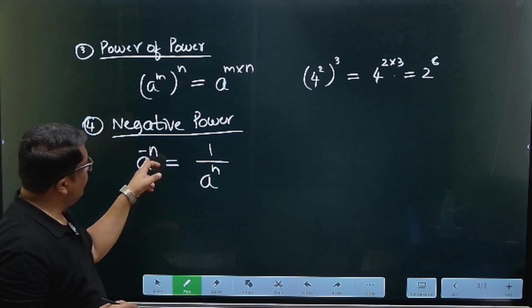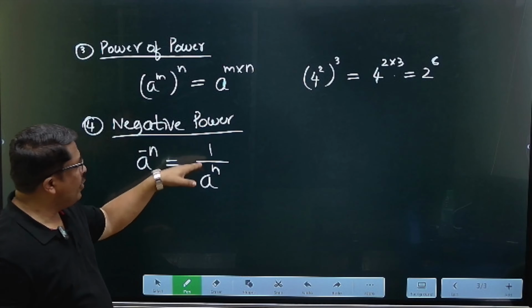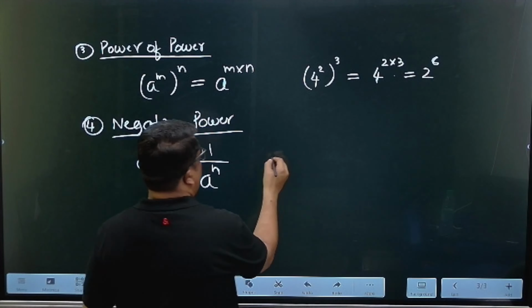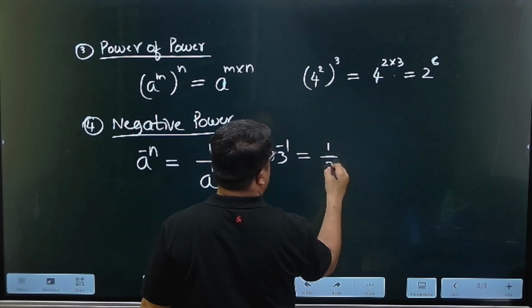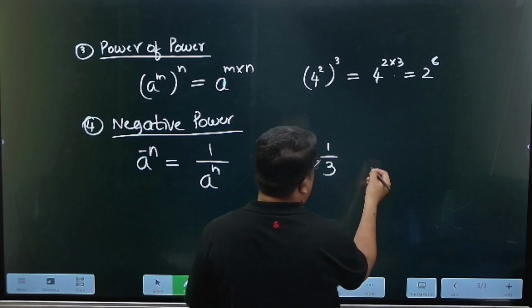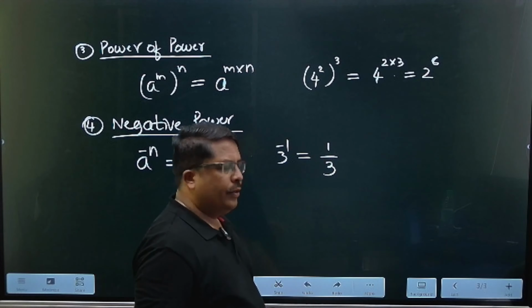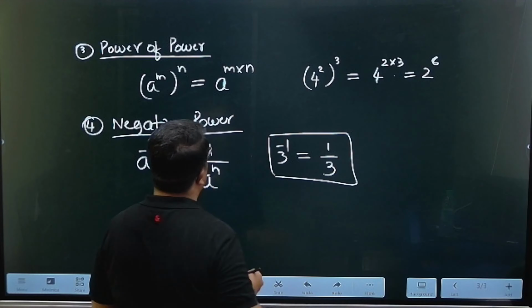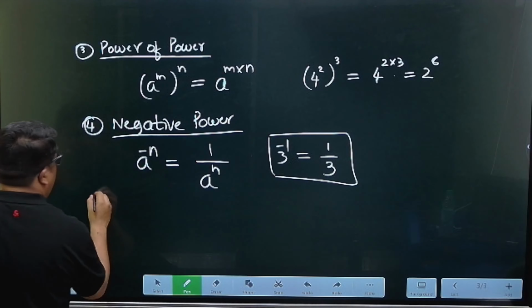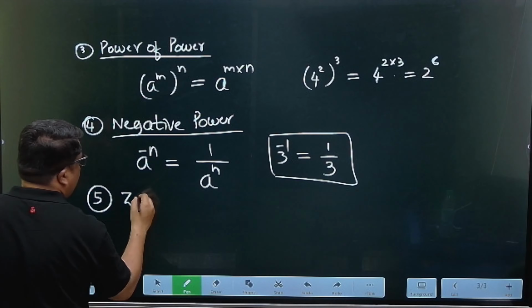Here a to the power of minus n is equal to 1 over a raised to n. Just now we have seen the example, this is 1 by 3. So this is negative power, and next one is 0 power.